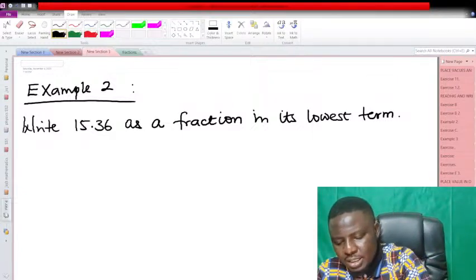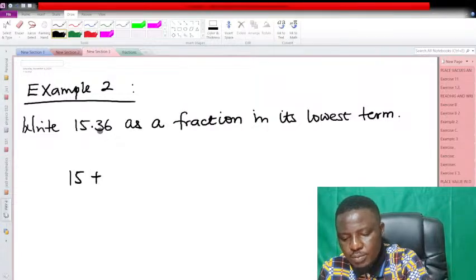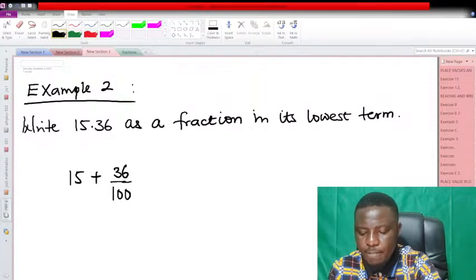So this can be said to be 15 plus 36 divided by 100.